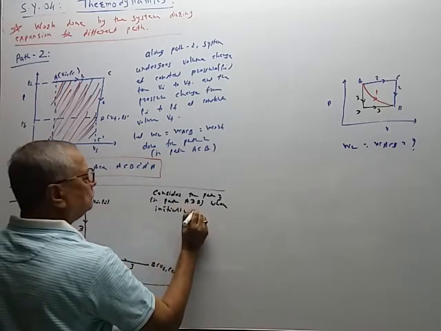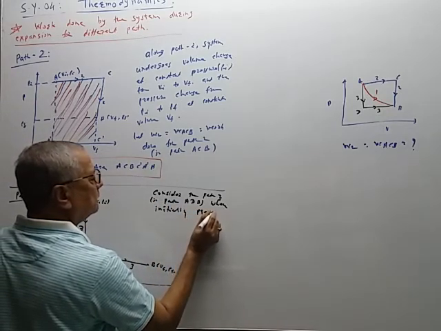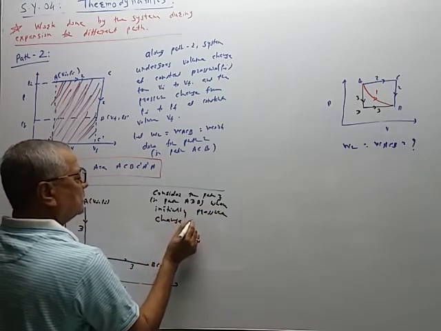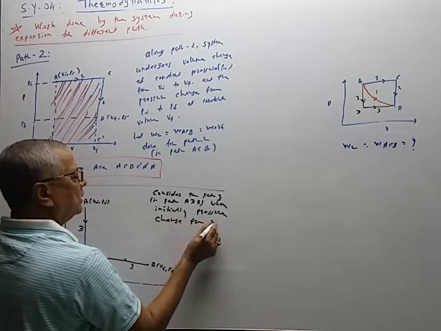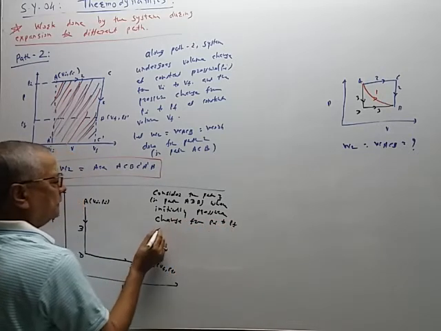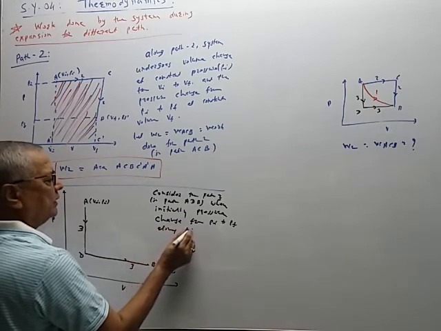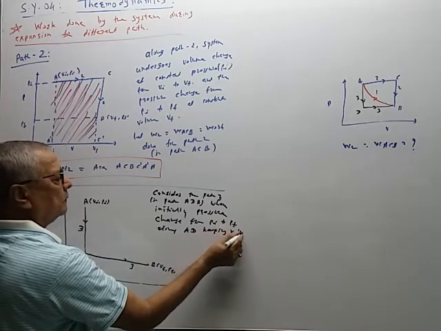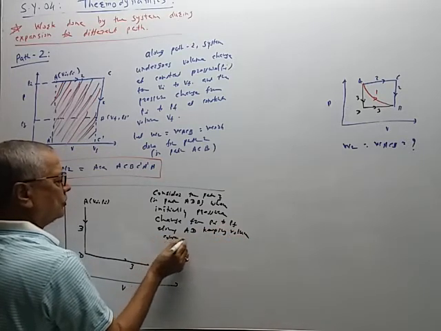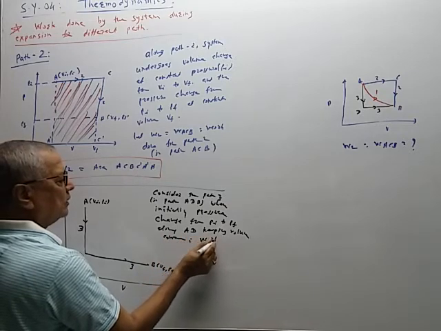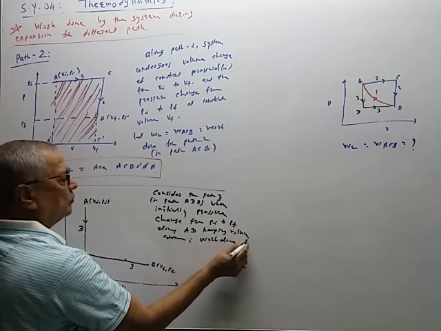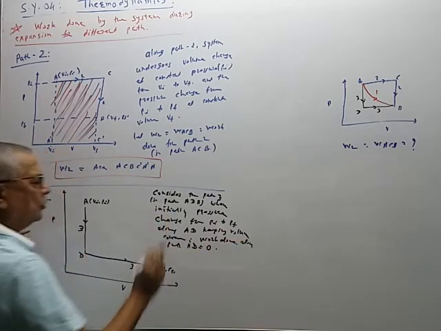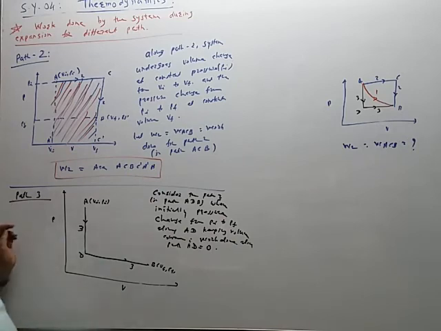Initially pressure changes from Pi to Pf along AD, keeping the volume constant. Therefore, work done along the path AD is equal to 0 because volume is constant.